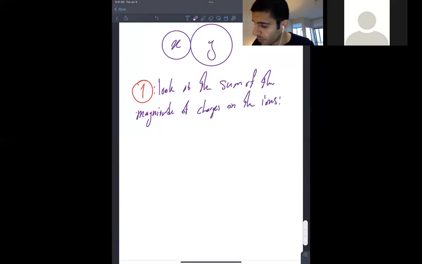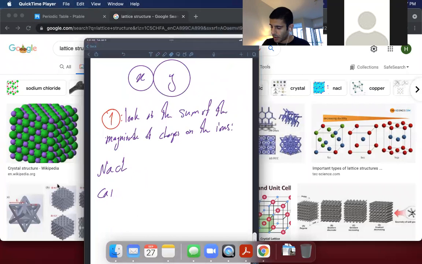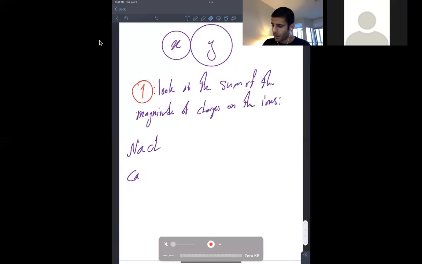So for example, how do we look at it? Let's say there's NaCl and there's CaBr2.